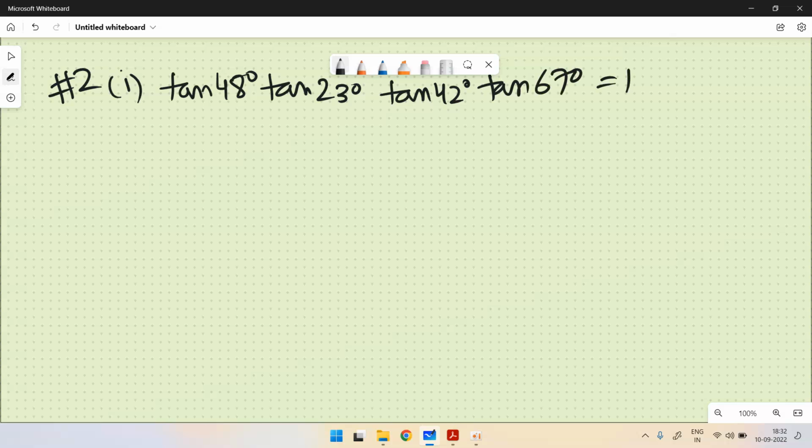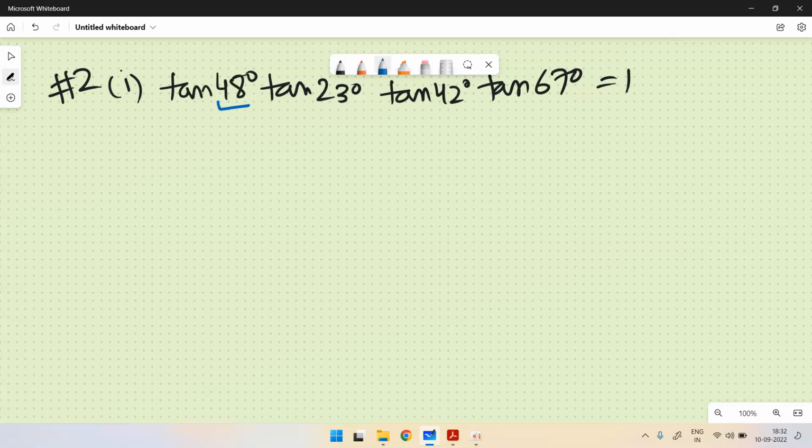Now if you see this, this is 48 and this is 42, and if you add this, 48 degree plus 42 degree is nothing but 90 degree. Similarly, this is 23 and 67, so 23 degree plus 67 degree equals 90 degree. This implies that you need to take only two of them as your base for solving this.